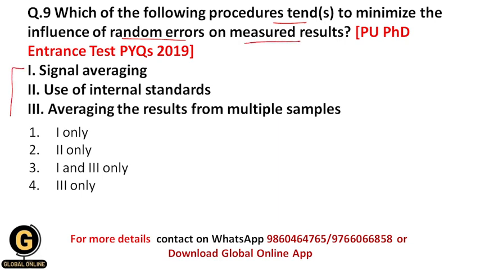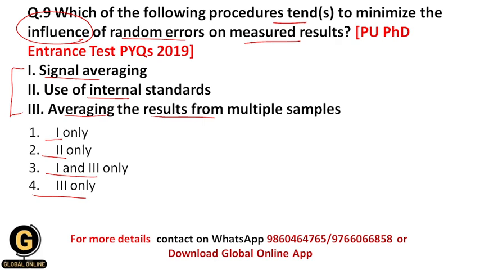Now from these 3 procedures, which is the procedure that we can use to minimize the effect of random errors on measured results? Whether it is signal averaging, use of internal standards, or averaging the results from multiple samples. So they have given you different options: 1 only, 2 only, 1 and 3 only, 3 only.